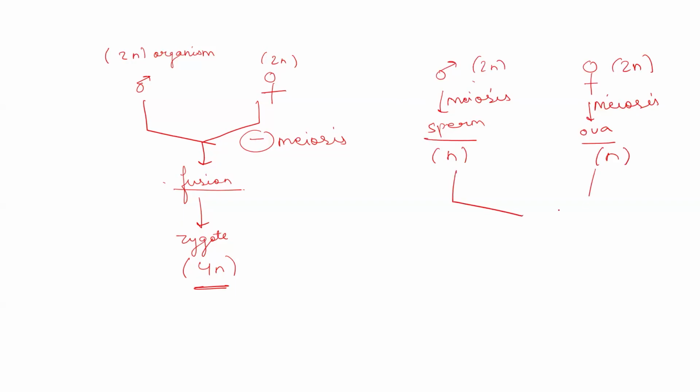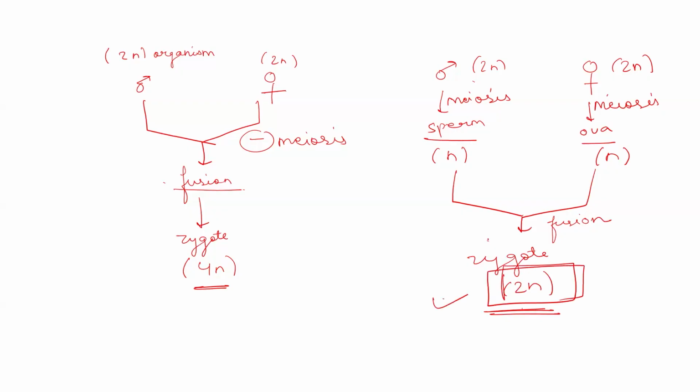Upon fertilization of this sperm and ova, this fusion results in the formation of the zygote. Now, this zygote will again be 2n in number. So this diploid state at the zygote level is maintained, or is possible, due to the reductional division or meiosis that happens during the formation of gametes.